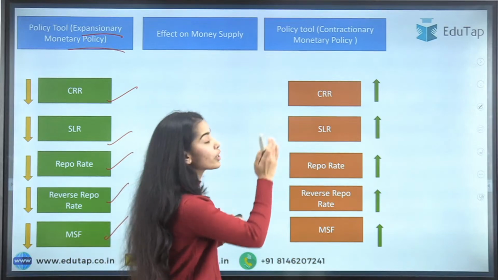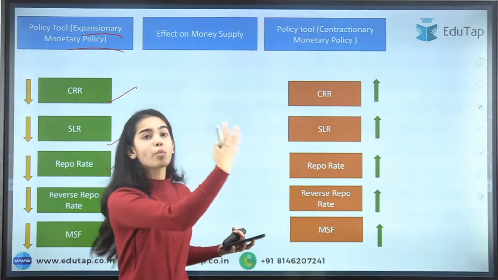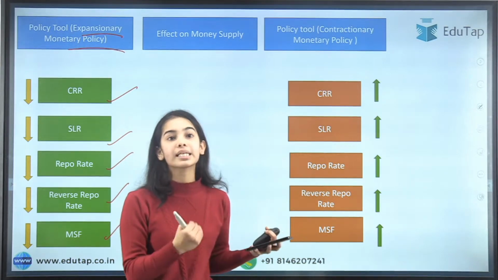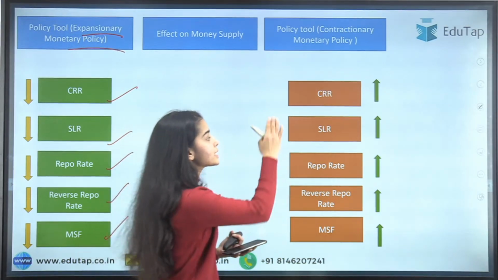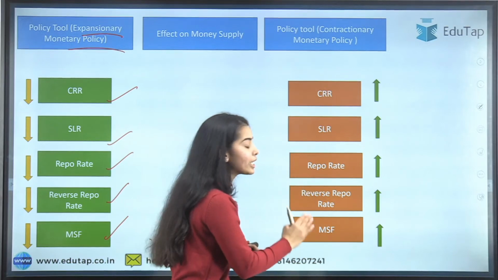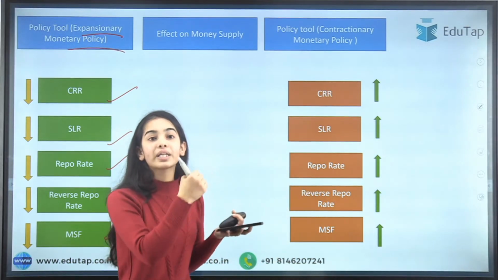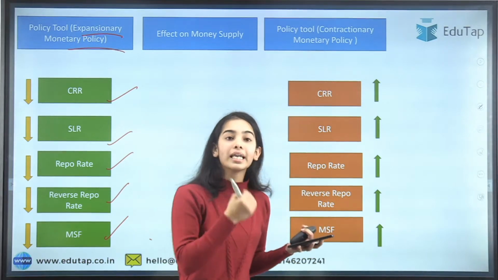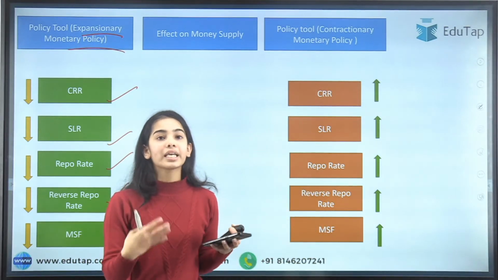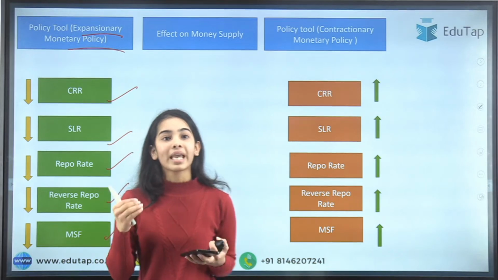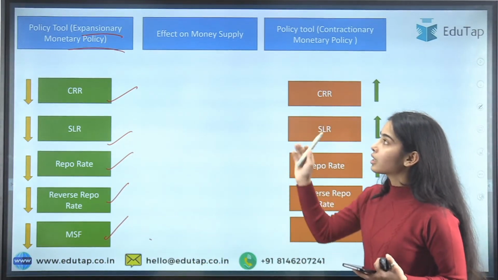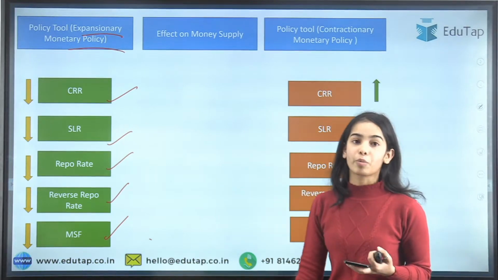And in the case of contractionary, when the inflation is too much and the RBI wants to decrease the inflation so that less money is in the hands of the people, the CRR, SLR, repo rate, reverse repo rate, and MSF are increased, so that less money is in the hands of the banks to give loans and less money goes to the people, so that they do not demand much. And the inflation can be reduced. So this is the contractionary and expansionary monetary policy.